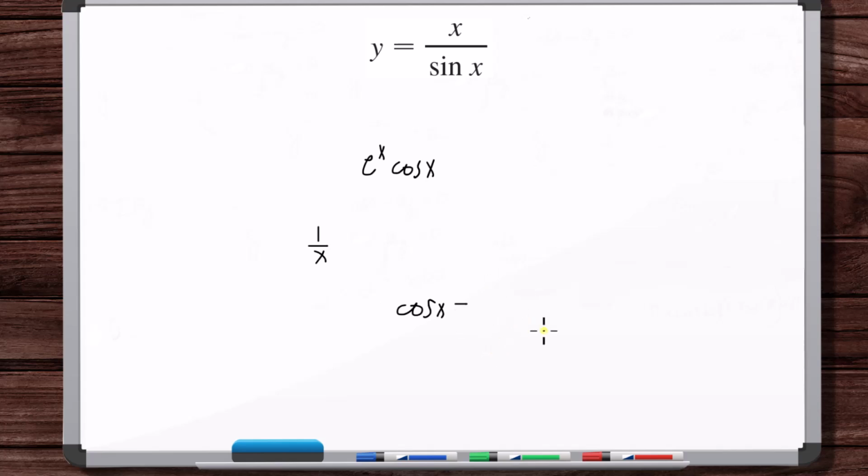But for situations like e to the x times cosine of x, one option is to multiply the two power series. With multiplication of power series, we got the first 3 or 4 terms of the product, and we stopped there.